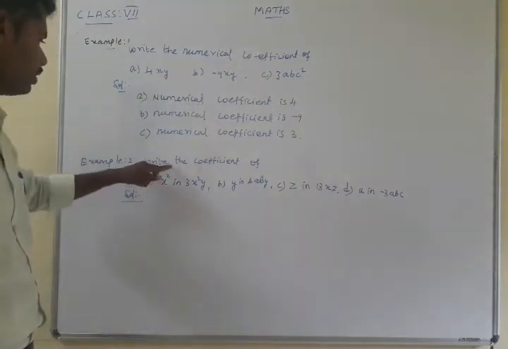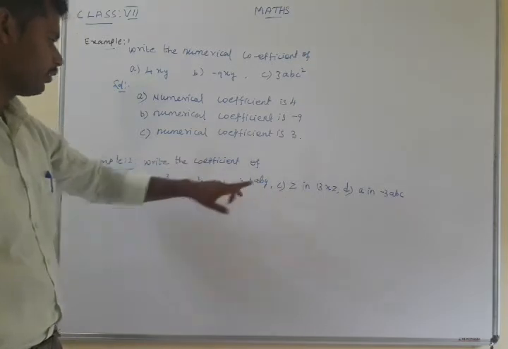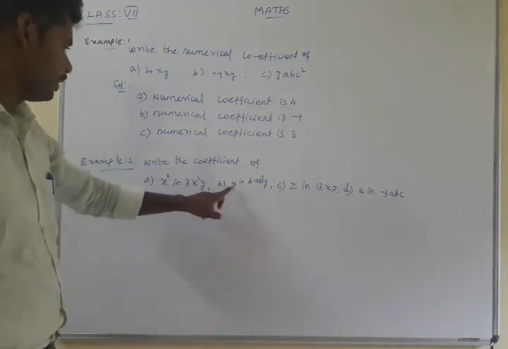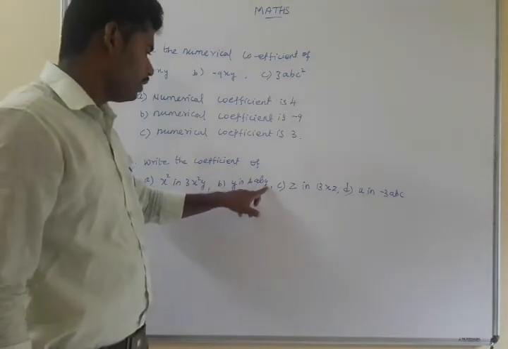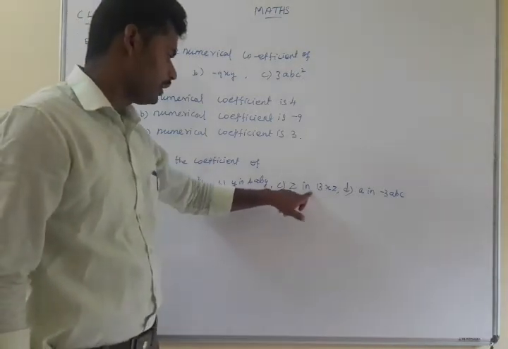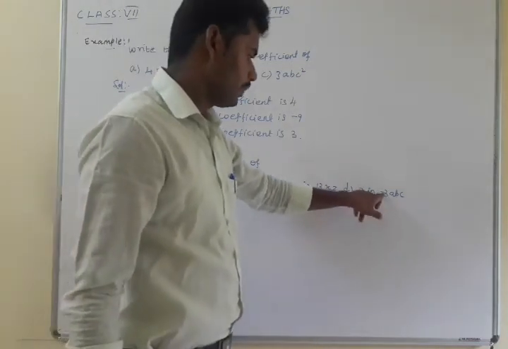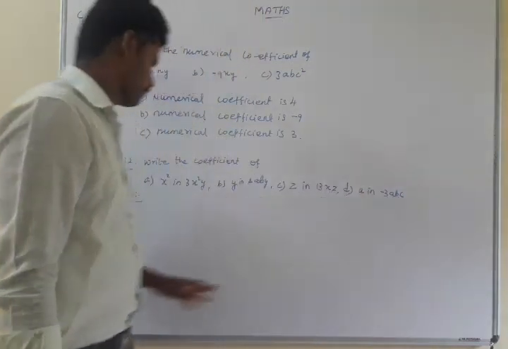Next example, write the coefficient of x square in 3x square y, of y in 4aby, of z in 13xz, and of a in minus 3abc.